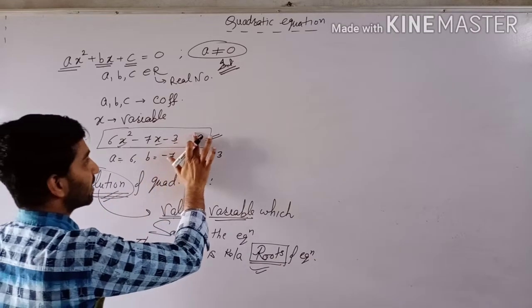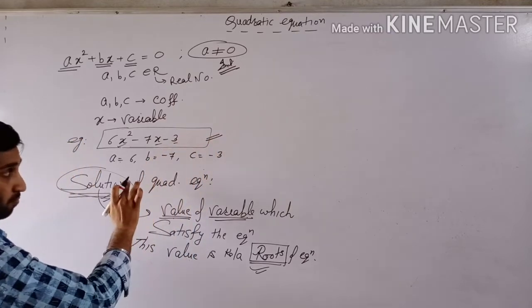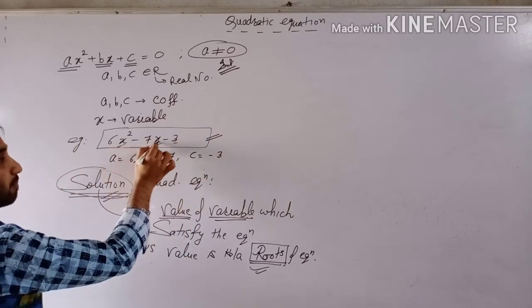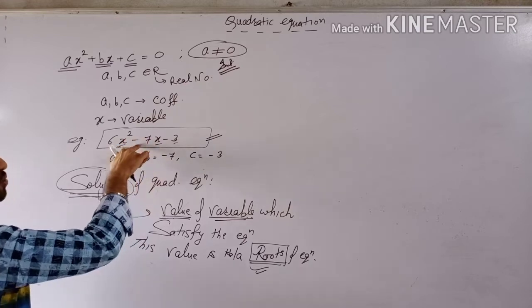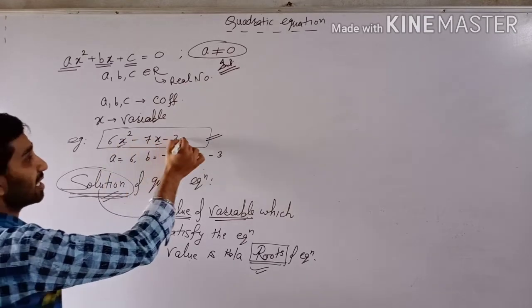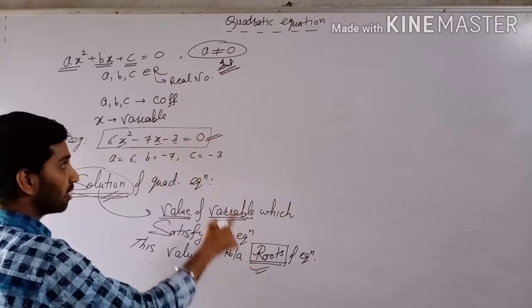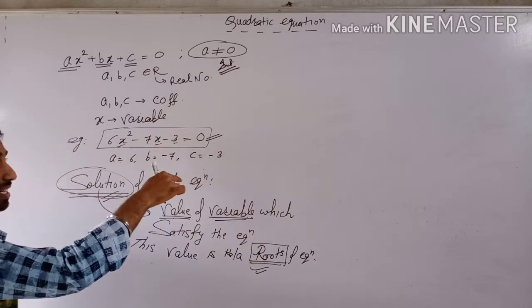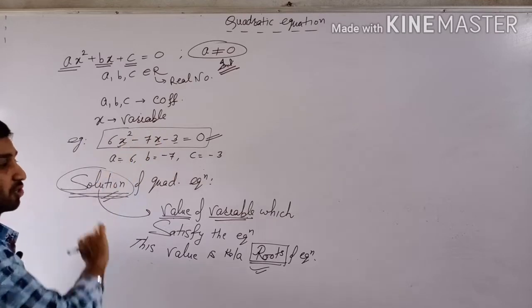But if it is a quadratic polynomial, then the value of variable by which the polynomial becomes 0 is known as zeros, not roots. In quadratic equation it is known as roots, but in quadratic polynomial it is known as zeros.